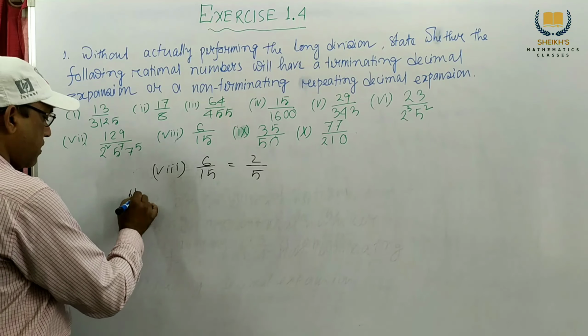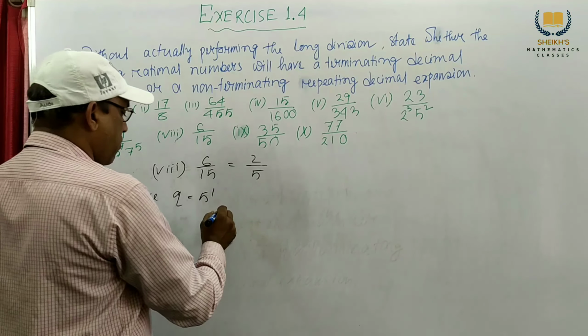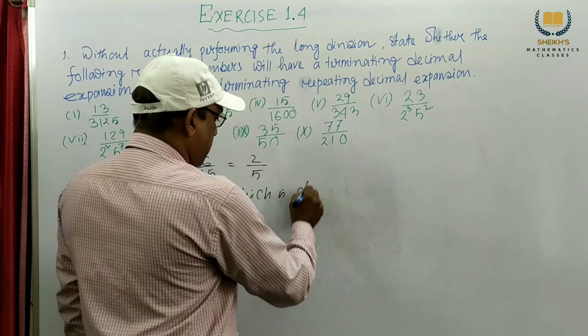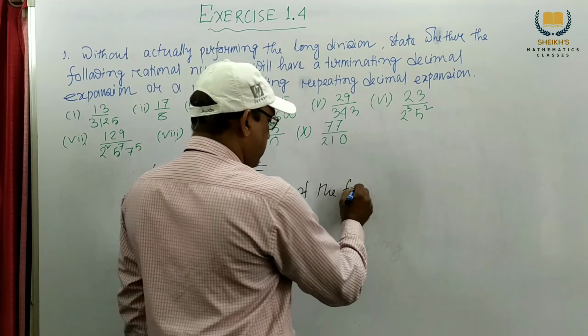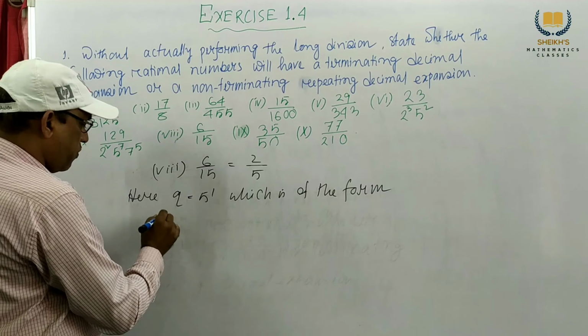Here q equal to 5 to the power 1, which is of the form 2 to the power n, 5 to the power m, n equal to 0, m equal to 1.